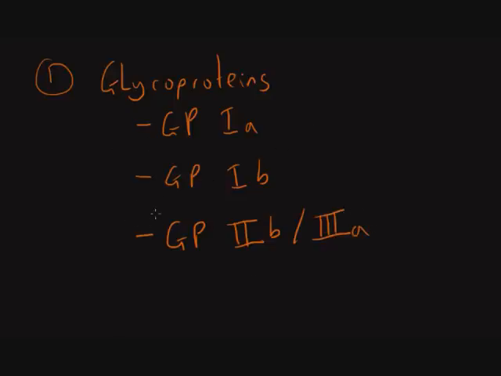These are all on the surface membrane of the platelet, but there's another glycoprotein which is actually produced in the endothelial cells, and it's also present inside platelets, but it plays a role as a cofactor for allowing these glycoproteins to function, and it's called von Willebrand factor.